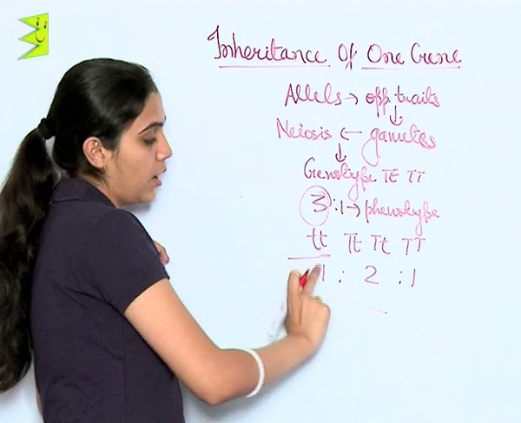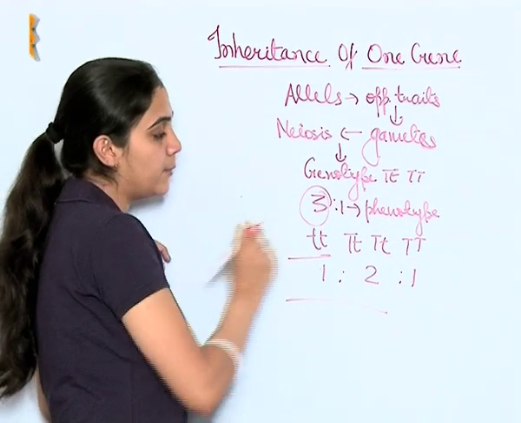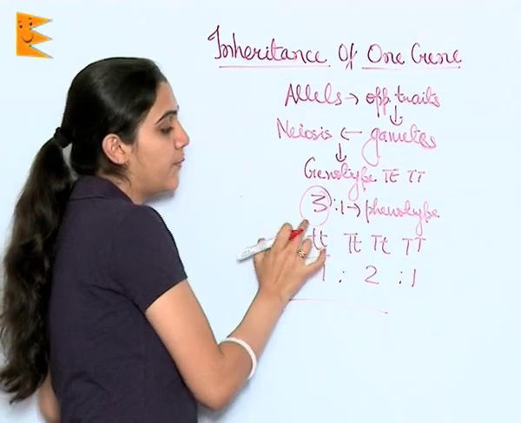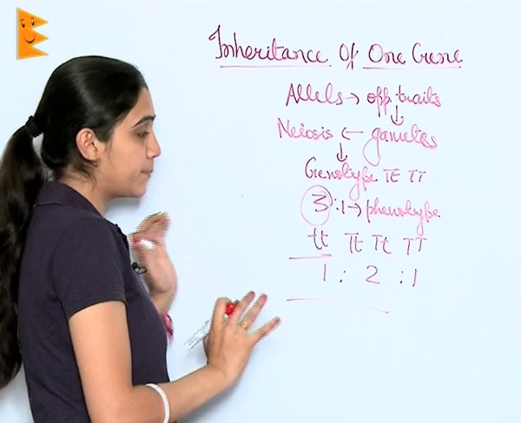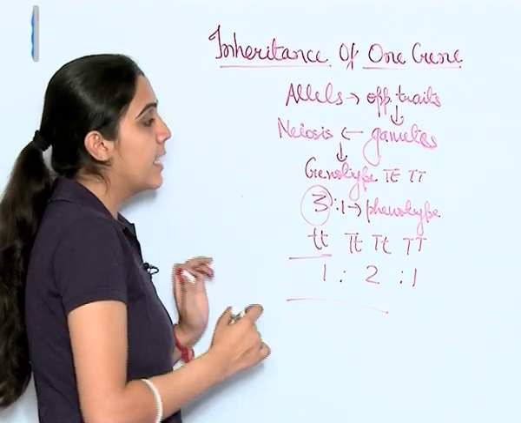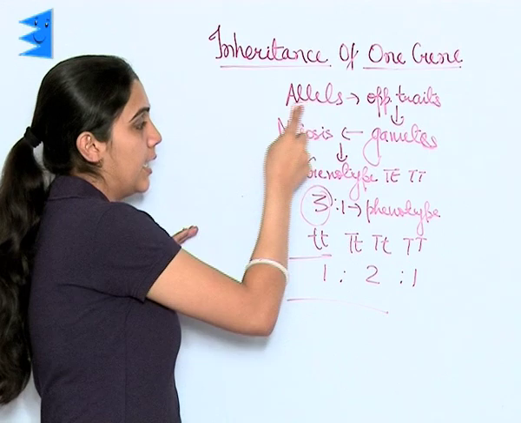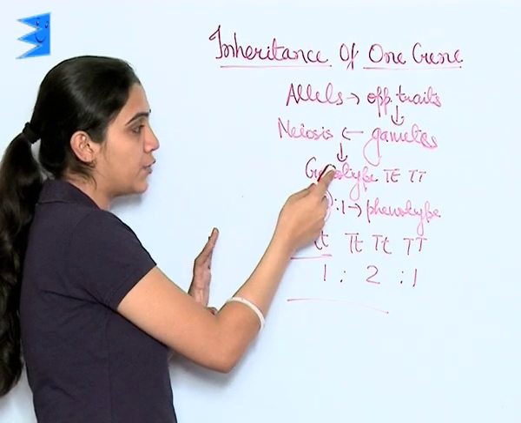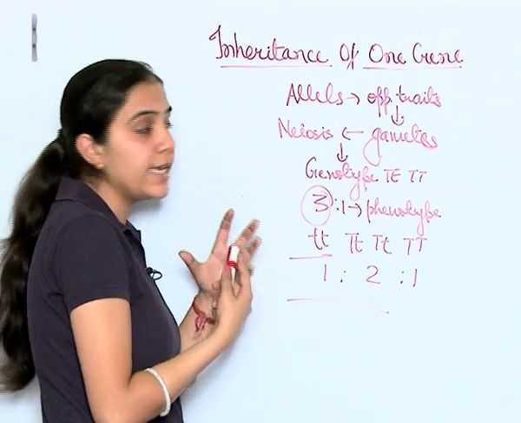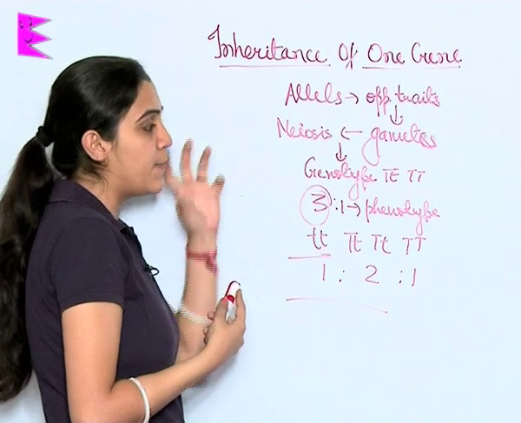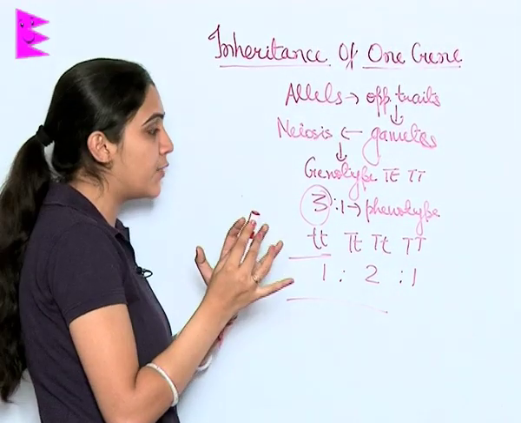These were the genotypes, but the phenotype was 3:1. Hence, one can say that yes, alleles are transferred, but randomly, without any specific rate of transfer.